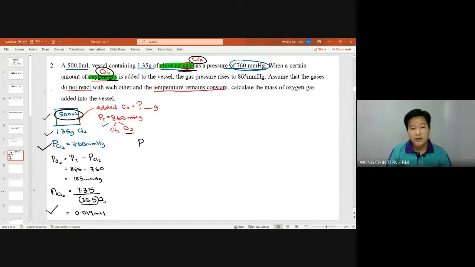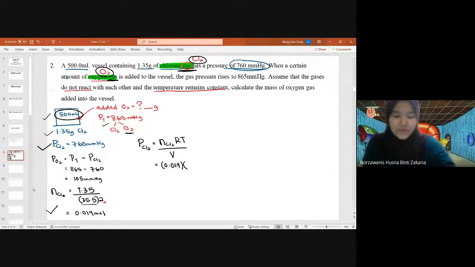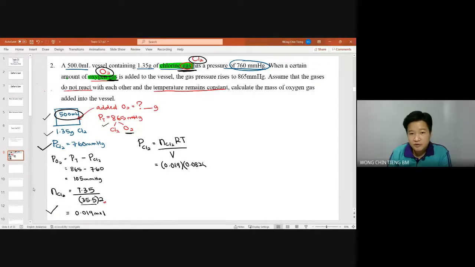So apa yang Zavanis buat is quite simple. PCl2, partial pressure chlorine, number of mole chlorine, RT over volume. Number of mole chlorine yang kamu kira 0.019. Your R, Zavanis guna apa? Guna untuk ATM 0.08206. Alright, 0.08206. Temperature is the one that we are looking for. Volume 0.5. Siapa yang guna formula ni, satu je isu as always. Unit. Formula ni senang. Kenapa saya kata formula ni senang?